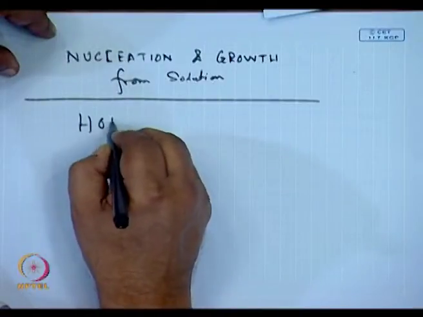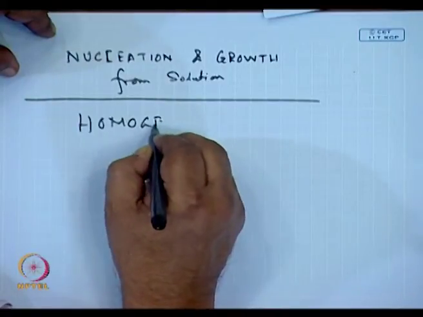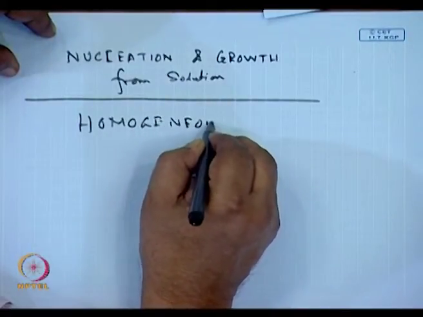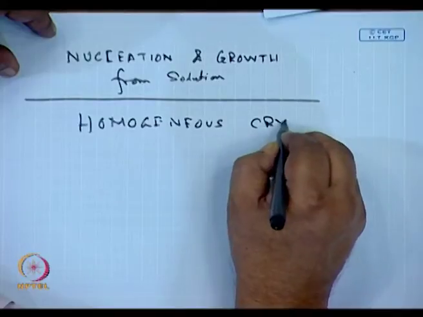You see, in a sugar cane, when I am talking of crystallization of sugar from sugar cane, it is called homogeneous crystallization.